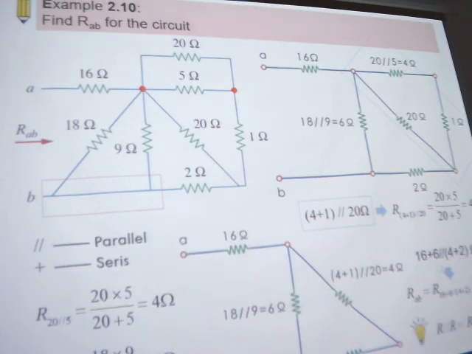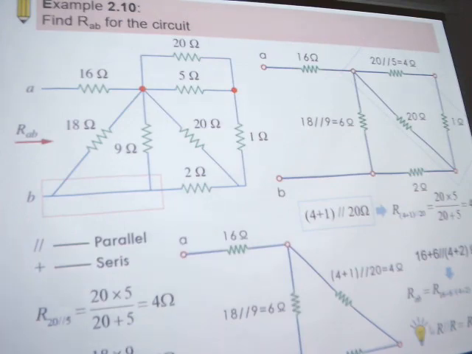And we can get 6, where is 6? Here is 6. 4 and 2 in series, and in parallel with 6, right? And then in series with 16. And we get this one. Our RAB is equal to this, is equal to 19 ohm.